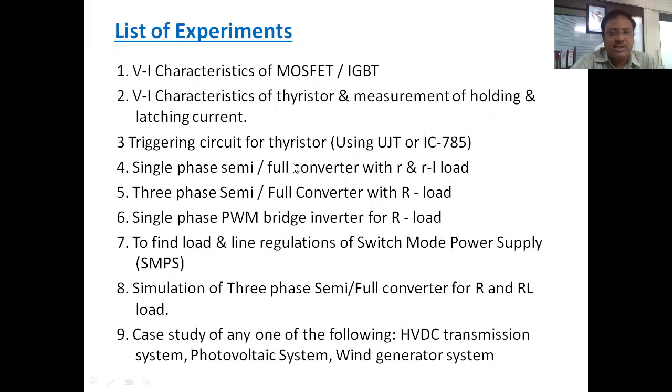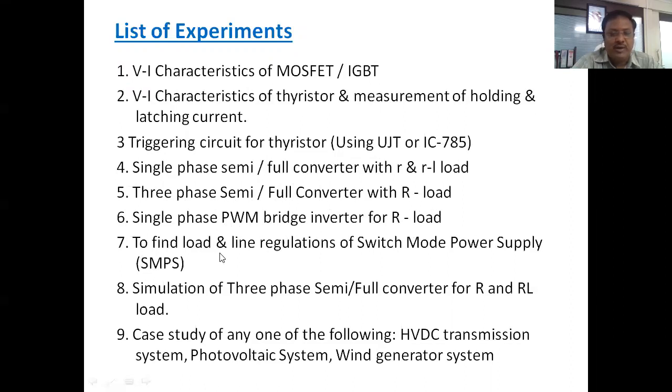Third one is exactly master with P and SC75. Then single-phase semi converter with R and RL loads. Then three-phase semi converter with R. Single-phase PWM bridge inverter for RL.